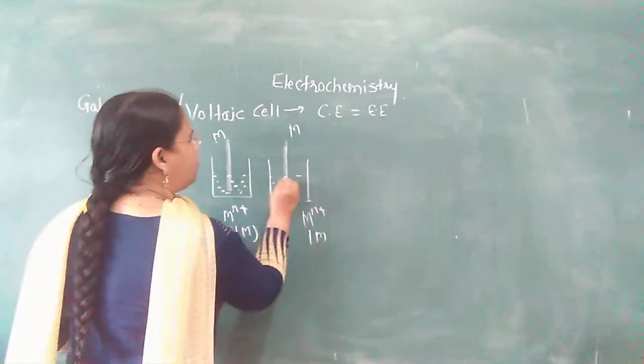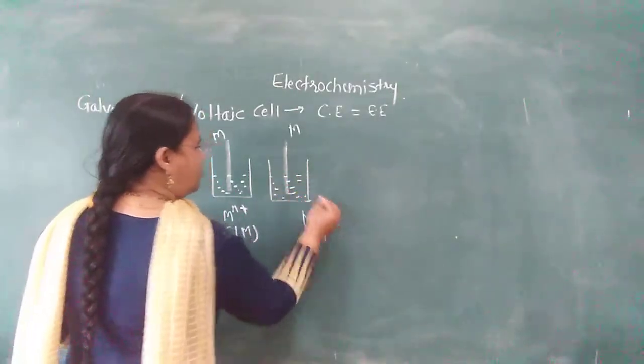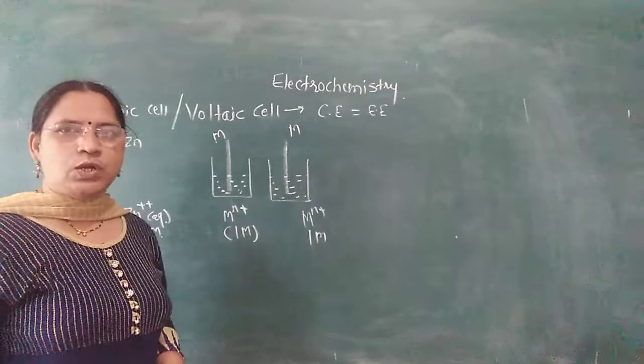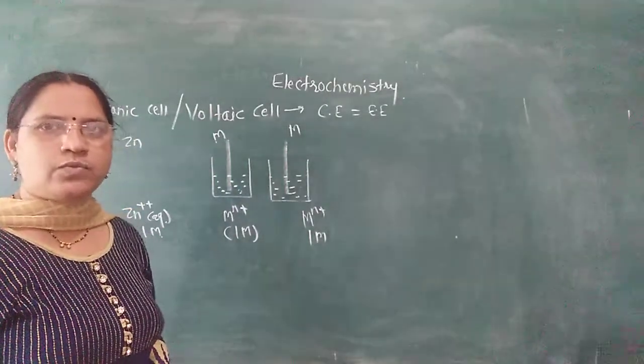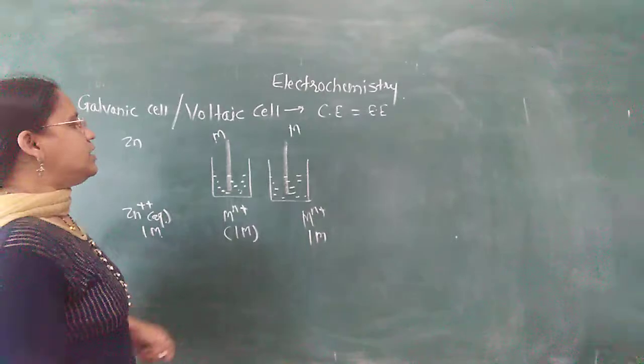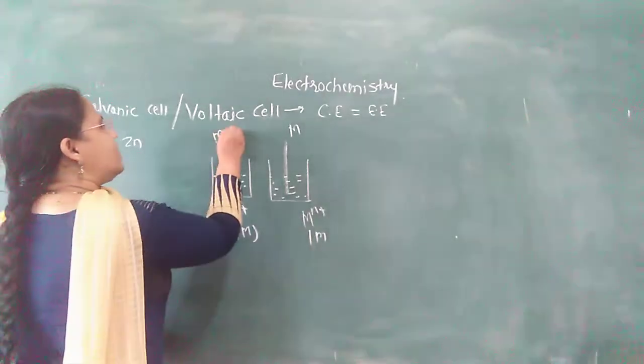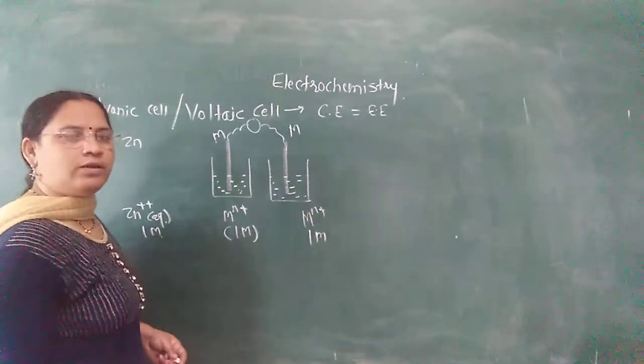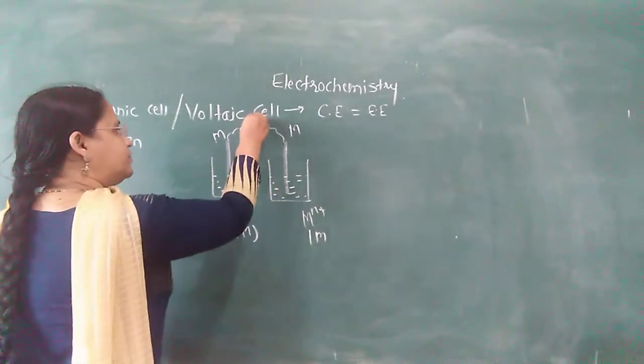So these are the two half cells. Two half cells consist of metal strips immersed into the solution of their own ions with known concentration. These two metal electrodes or metal rods are connected by a metallic wire to a voltmeter.